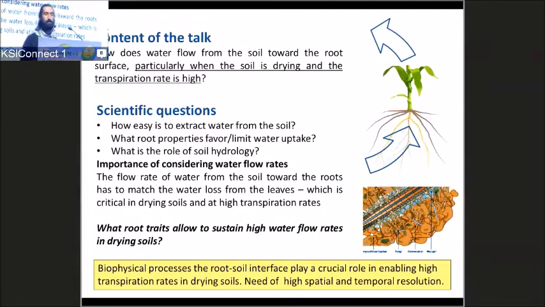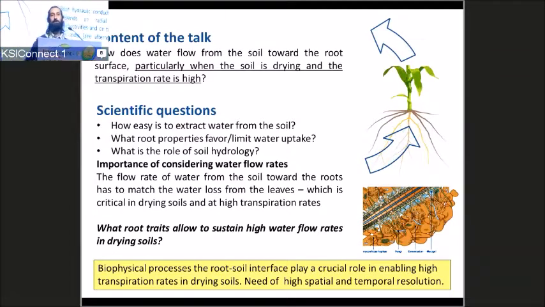The biophysical processes happening in this small region are crucial to sustain high transpiration rates, or eventually to limit the fluxes there. And if we want to address this point, we will need to study the process at a very high spatial and temporal resolution. So we need to look at minutes, and we need to look at millimeters, which are very different scales compared to what we observed so far. But I believe it's still relevant, and I hope to convince you about that.